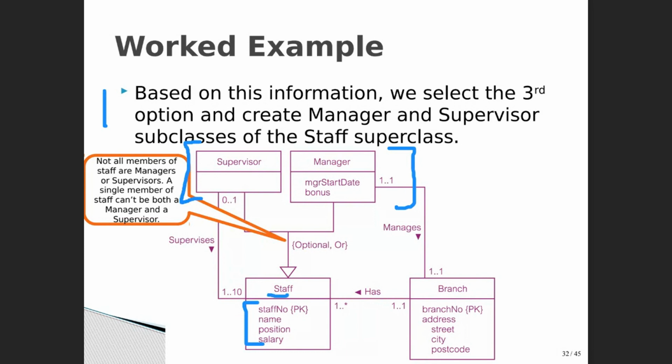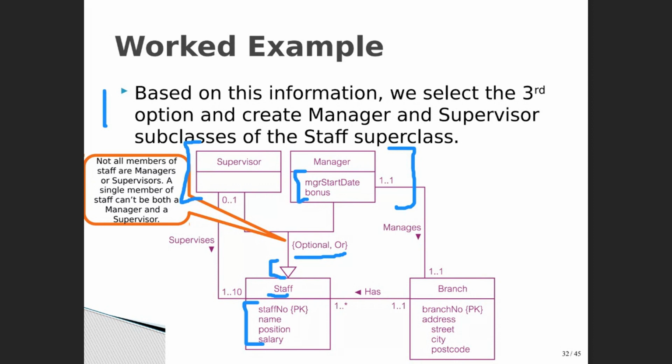As you can see, there is a triangle shape or an arrow indicating the superclass staff. Then we have two subclasses, manager and supervisor. There are specific attributes for manager, for example. The constraint here will be optional. Why? Because not all members of the staff superclass need to be a member of a subclass.